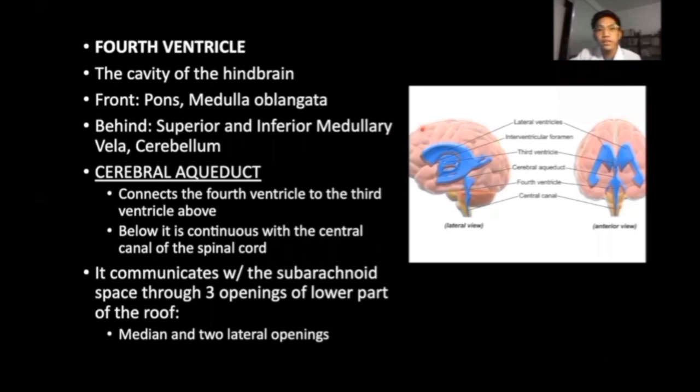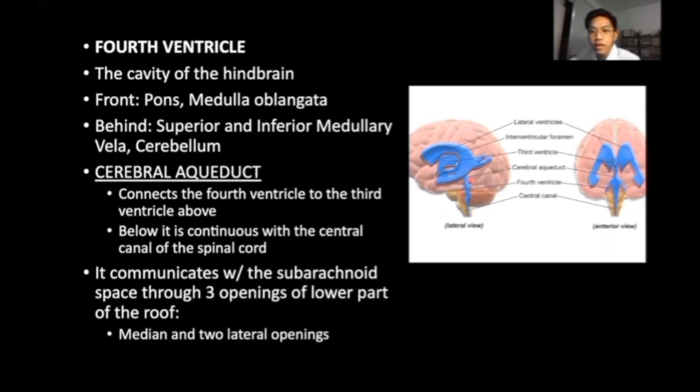So we will be discussing the fourth ventricle as well, because it is the cavity of the hindbrain. The fourth ventricle is the cavity of the hindbrain. It is bounded in front by the pons and the medulla oblongata, which we can see here.